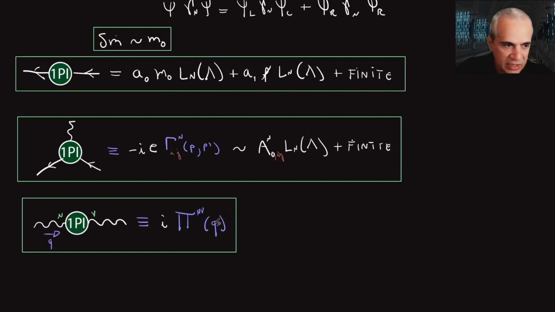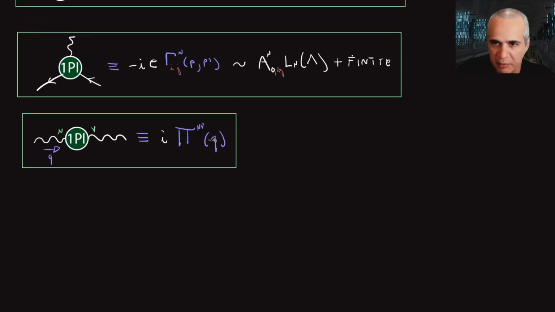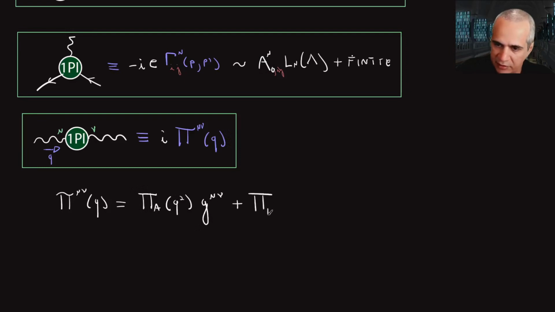Fine. So now this guy, quite generally, since he has two Lorentz indexes and depends only on one momentum, the most general thing I could possibly write is this: some function, let's call it pi a of q squared, times g mu nu, plus some other arbitrary, independent function of q squared times q mu q nu.